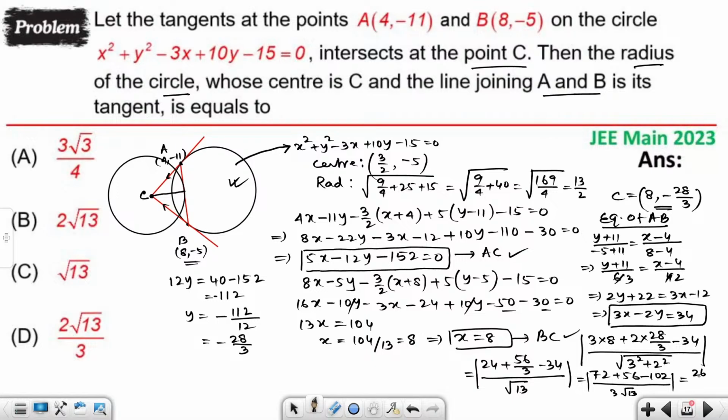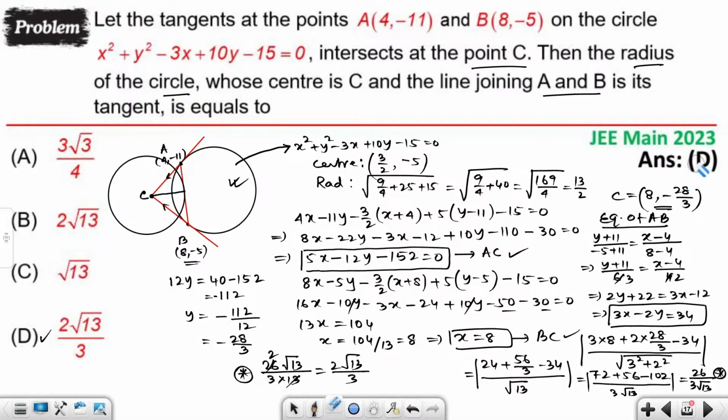So it's basically 26 over 3 root 13. Let me just rationalize it. So 26 into root 13 divided by 3 into 13. That gives us 2 root 13 over 3. Is it clear? Hence option D is correct.